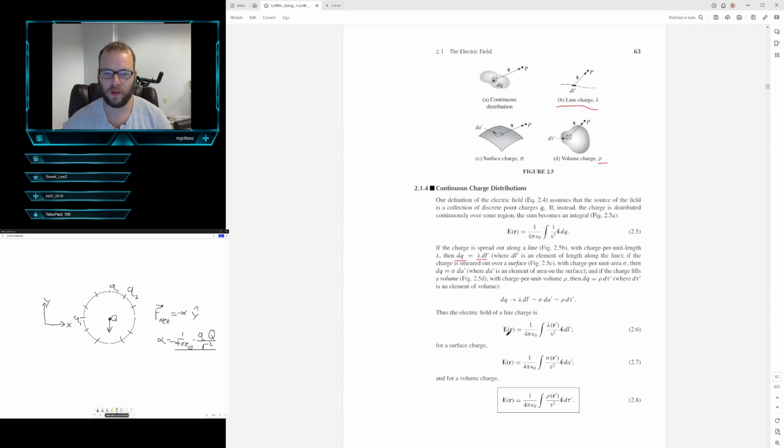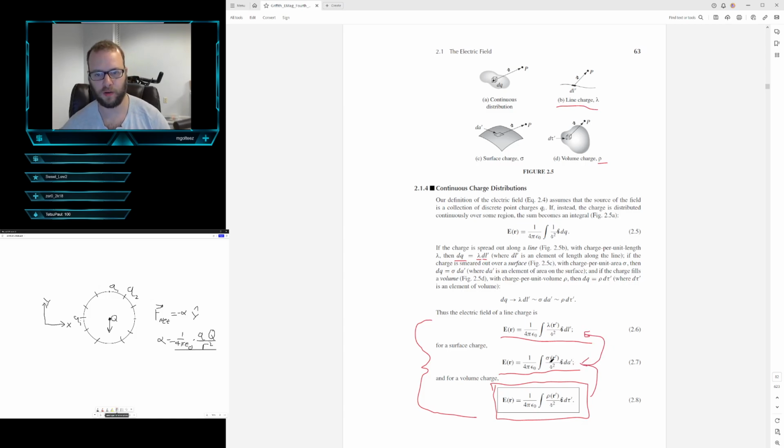So we have three equations here. The electric field due to a line charge, surface charge, and the general form of a volume charge. So this will reduce to either one of these for the particular case.